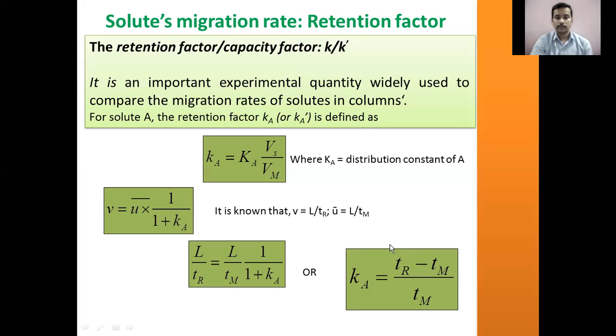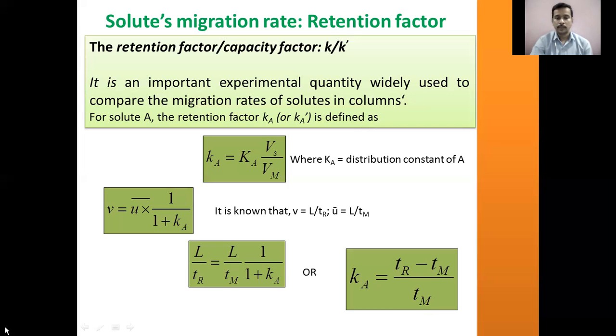So this is the equation which is very useful to calculate the capacity factor of any solute, where subscript A indicates solute A, and if the subscript is 1, that is solute 1. So Ka is equal to Tr minus Tm divided by Tm, where Tr is the retention time and Tm is the void time, also called the dead time.